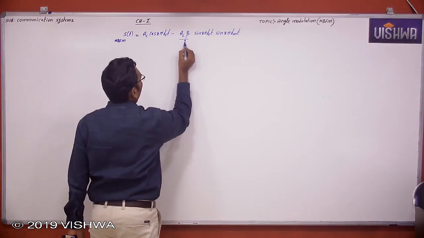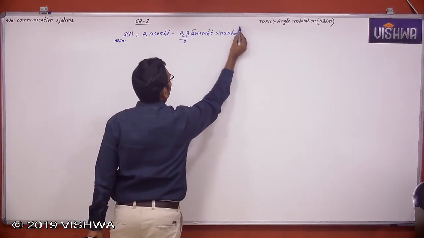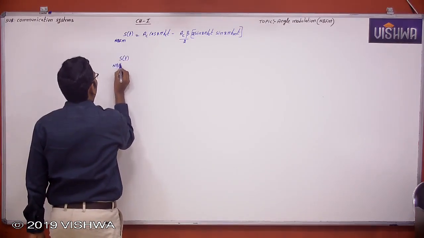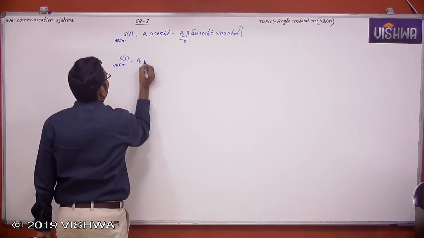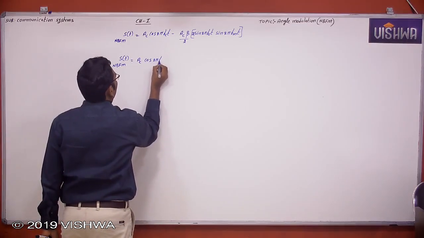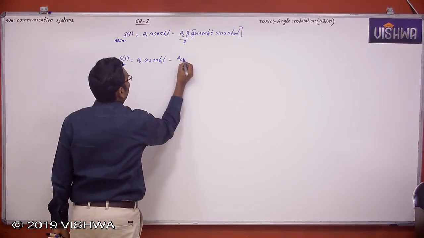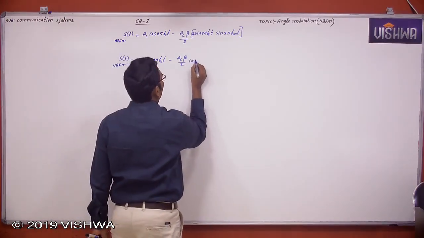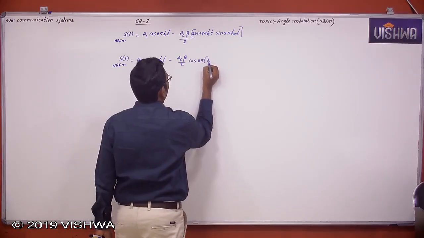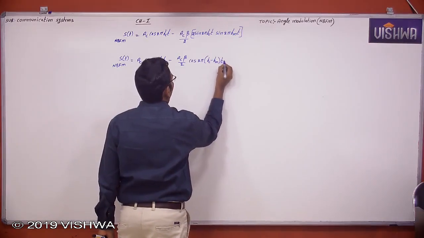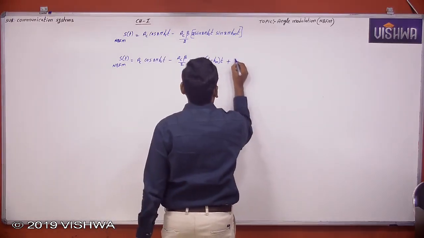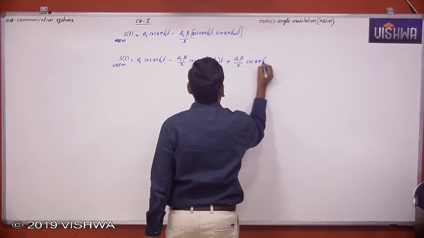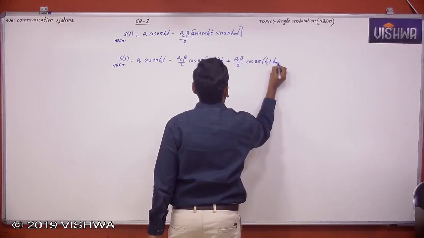You just divide by 2 and multiply by 2, using 2 sin A sin B. Therefore, s(t) of narrowband FM is equal to Ac cos 2 pi fc t minus Ac beta by 2 times 2 sin A sin B, which is cos of (A minus B), cos 2 pi (fc minus fm) t, minus... plus Ac beta by 2 cos 2 pi (fc plus fm) t.